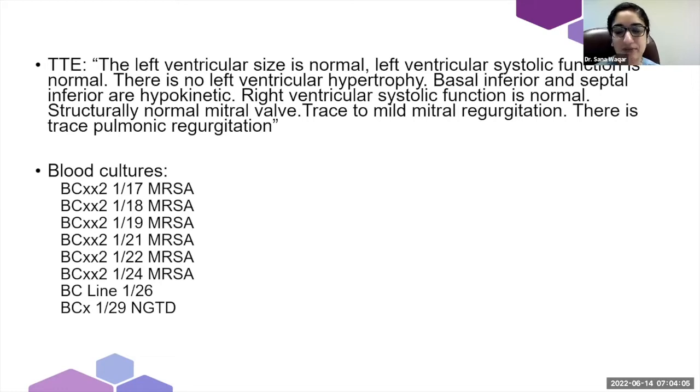So if we had to define this pattern of bacteremia, this gentleman has high-grade persistent bacteremia with a gram-positive organism. Finally, on the 26th is when we have our first set of negative blood cultures, and then repeated on the 29th of January, they're negative again.